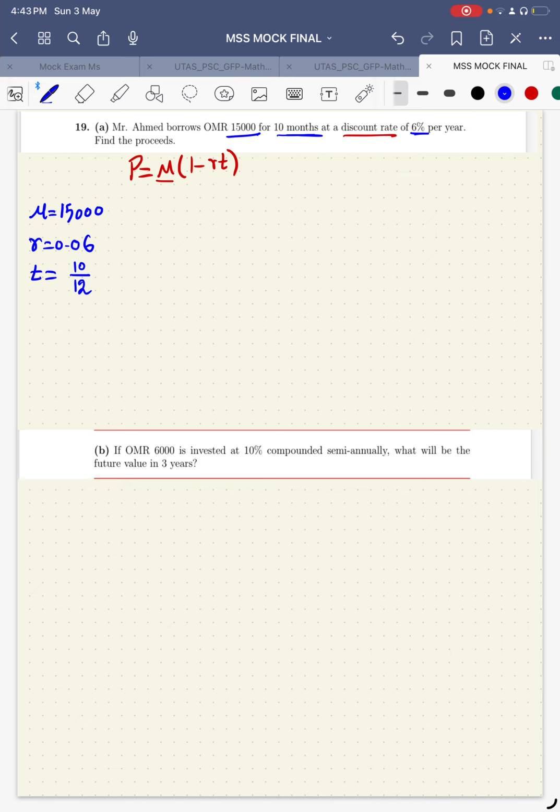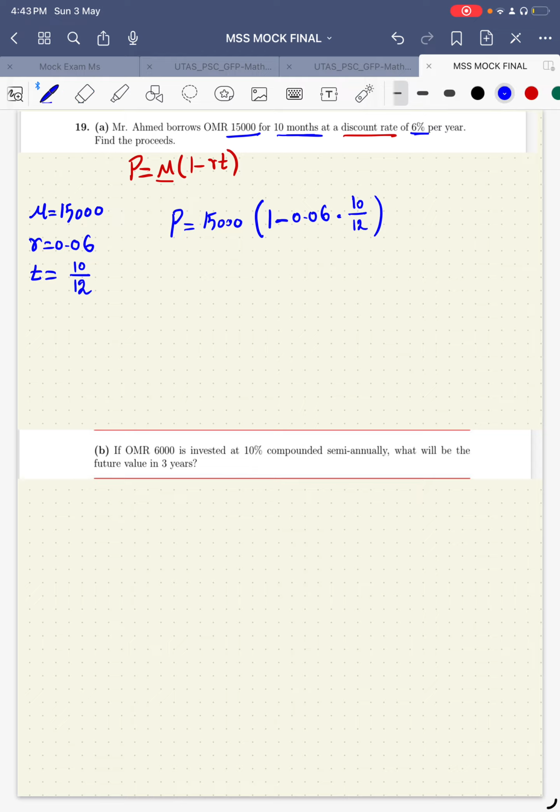So now I'm going to insert every value I know. B equals M, which is 1500, I always make that mistake, so sorry, or rather 15,000, times (1 minus R, which is 0.06, times T, which is 10 over 12).